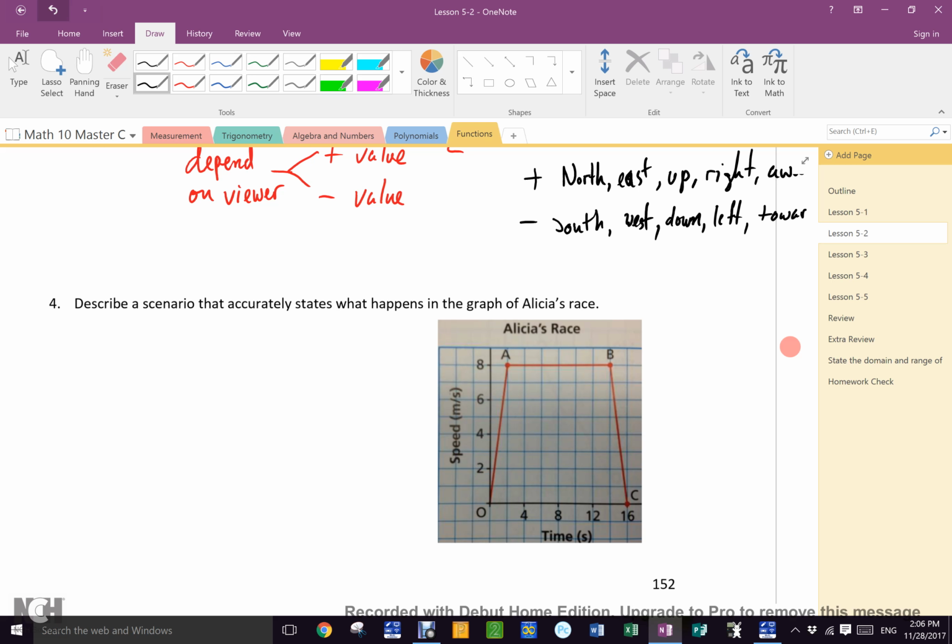Alrighty. How many of you actually checked what was being measured? It's speed versus time now. It is not distance.